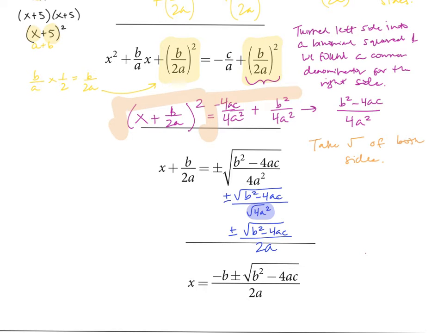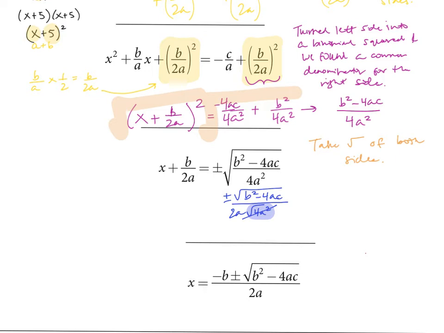So maybe what we could do is just rewrite the denominator here. I could just rewrite that as 2a. So let's go ahead and do that. We're going to cross that out, put just 2a.